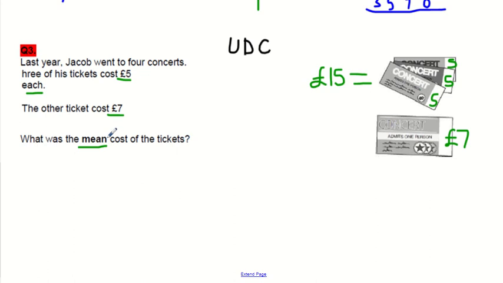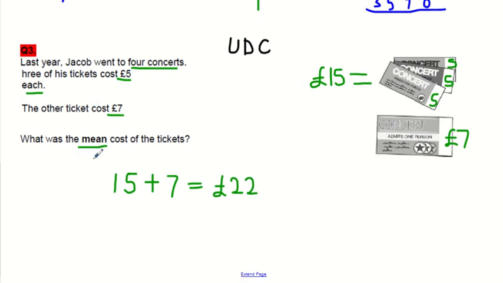Now, to find the mean, we need to add up the totals and divide by the amount of tickets. So first of all, we need to do 15 add 7, because that's the 2 costs, and it will give us the total cost of the ticket. So 15 add 7 would be £22.